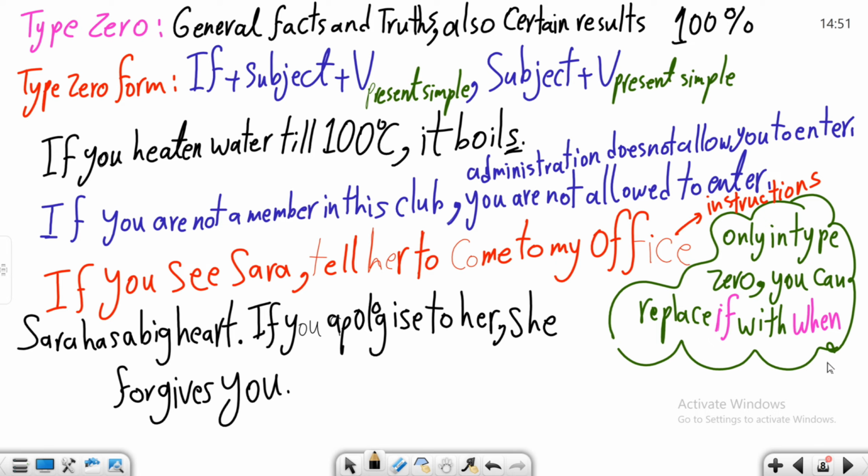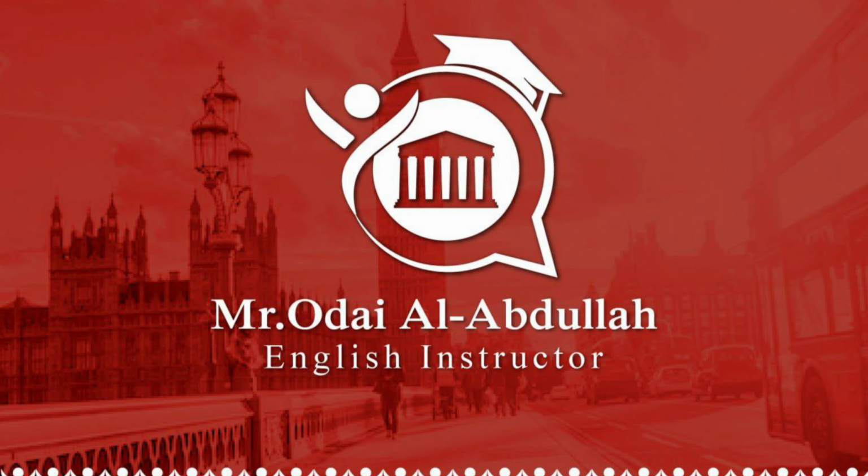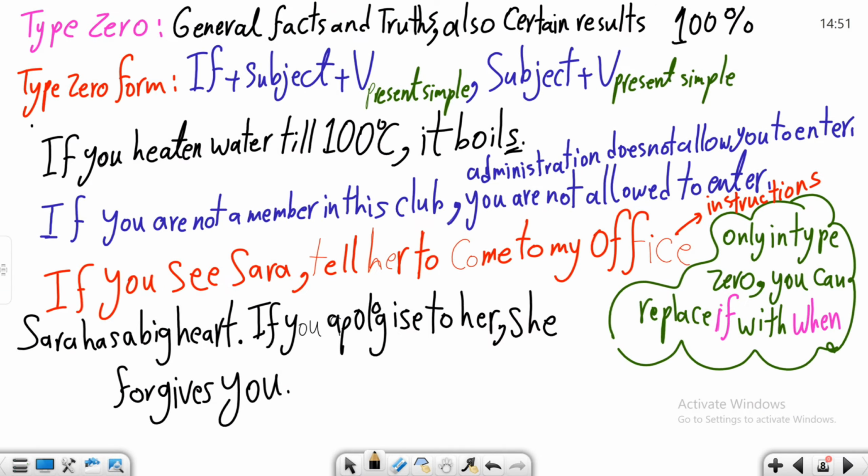Then we can replace if with when. For example, I say, when you heat water to 100 degrees Celsius, it boils. And here, my friends, I say when, because I am sure that this is correct every time you heat the water.